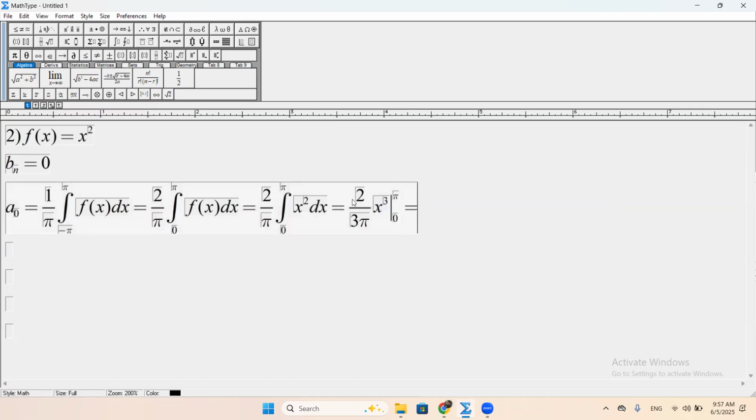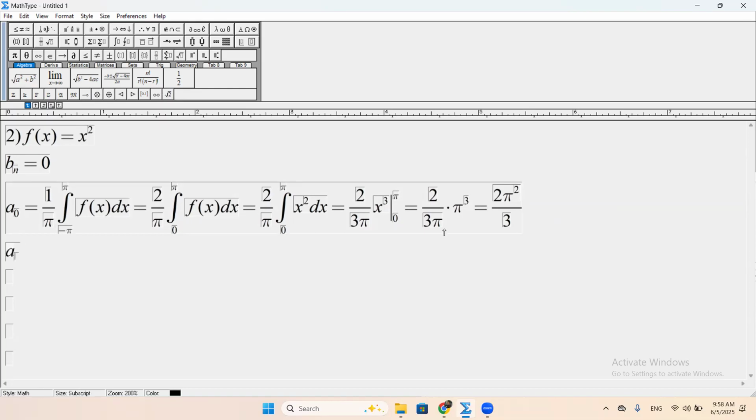Multiplying by p cubed, it will be equal to p squared over 3. So we received A0.